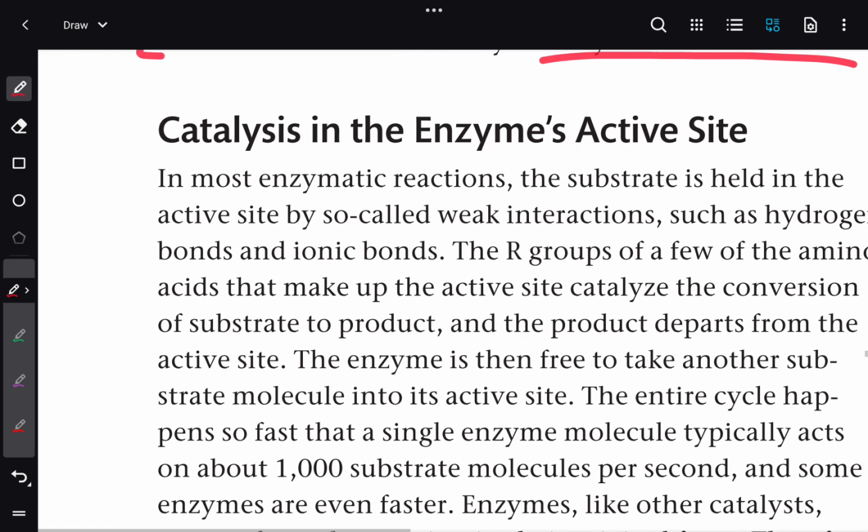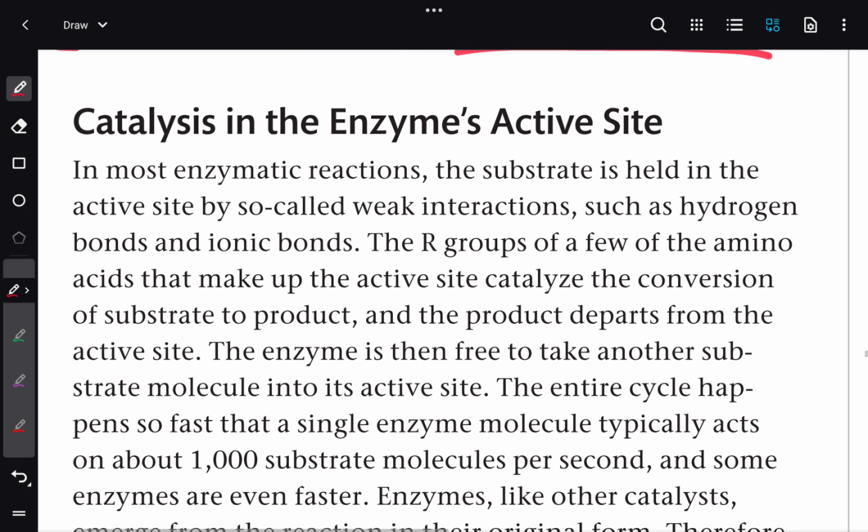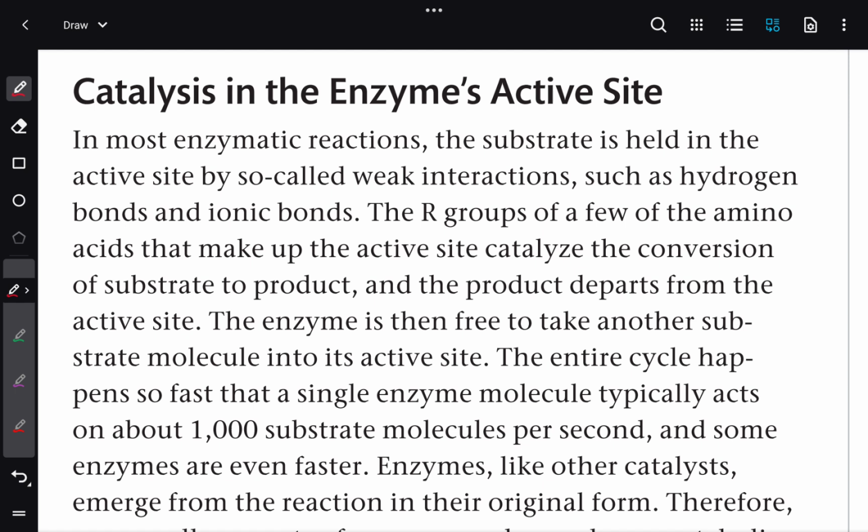Now, the catalysis in the enzyme's active site. Now, what does really happen once the induced fit is accomplished, which is the catalysis?